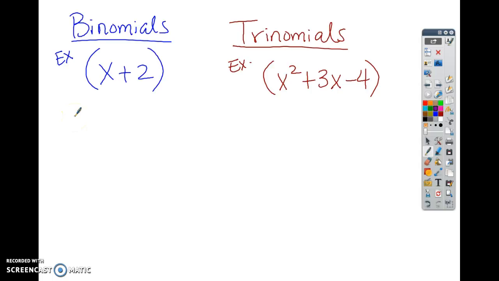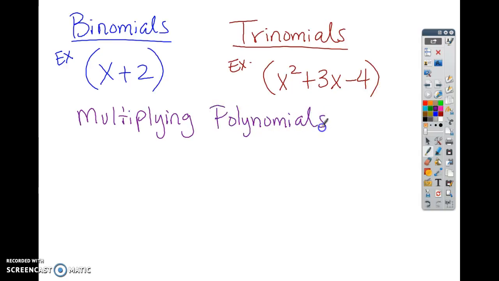So when you are multiplying polynomials, which is either a binomial or a trinomial, you are either doing double distribution or box method.